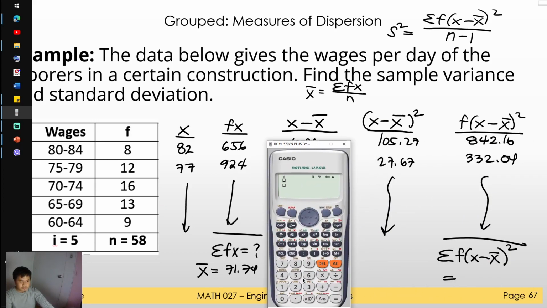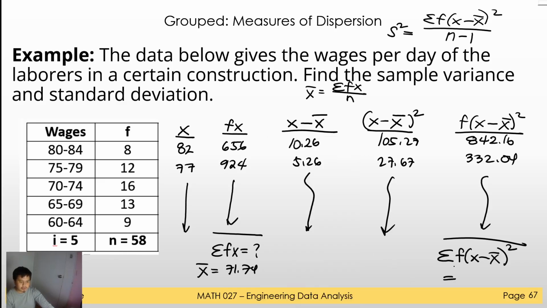We have 842.16 plus 332.04 plus 1.12 plus 292.11 plus 853.33. So this will be 2320.76. Now we will divide this by n minus 1.